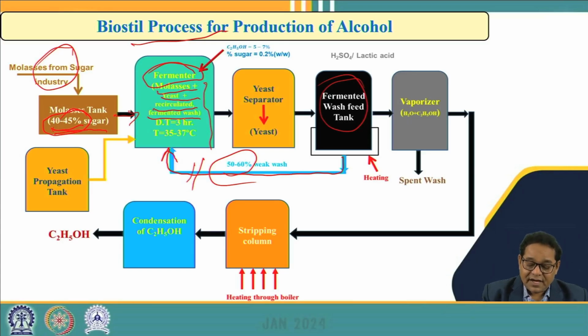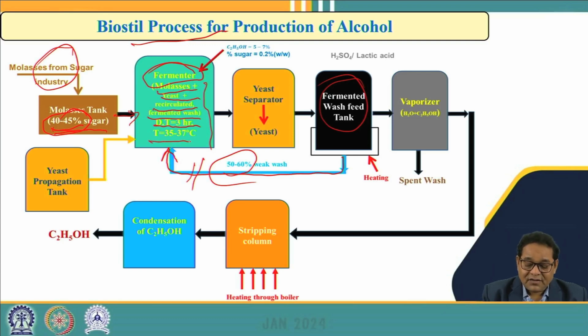And in this tank we require only 3 hours of detention time, because the type of culture we use has a fast fermentation process, and the entire fermentation of sugar into alcohol can be carried out in a maximum of 3 hours.